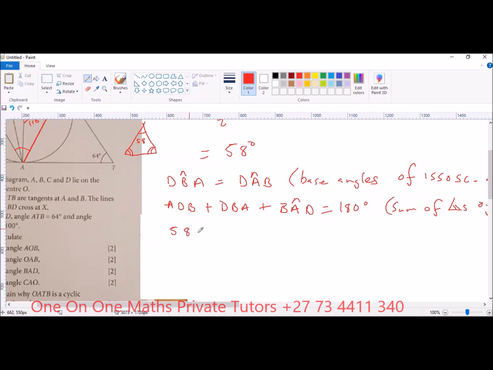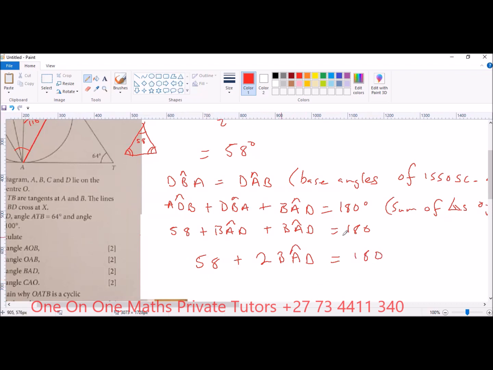So we can say 58 plus BAD, don't forget to put the caps, plus BAD, since DBA is equal to BAD, same angle, same size, is equal to 180. So we have 58 plus 2 BAD is equal to 180.